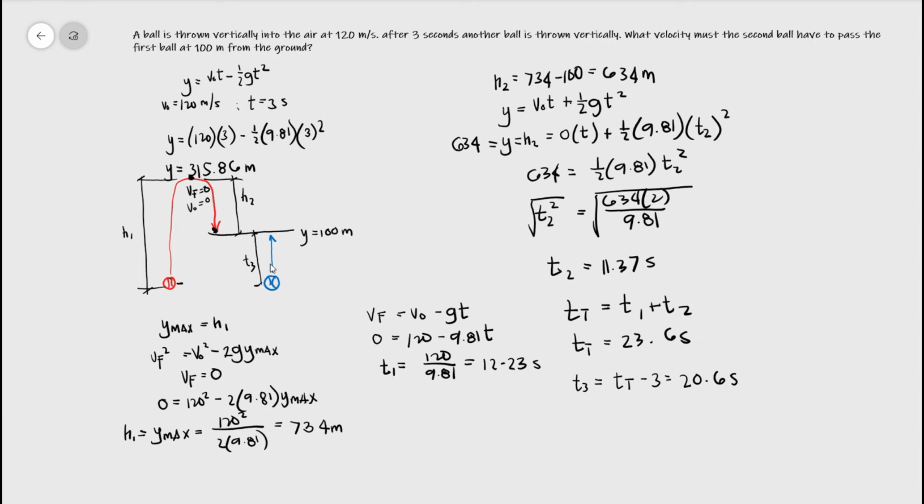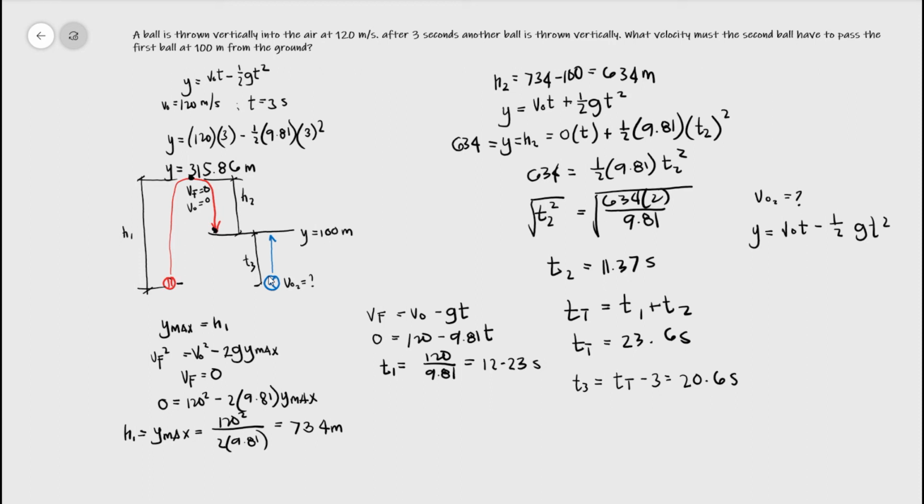Okay, now we need here the initial velocity of ball 2. What is the initial velocity of ball 2? Now to get it, since we have the height where it traveled, which is equal to 100 meters, and the time it is traveling, we can use again our kinematic equation, y equals v_0 t, then minus because ball 2 is traveling upward, 1/2 g t squared.